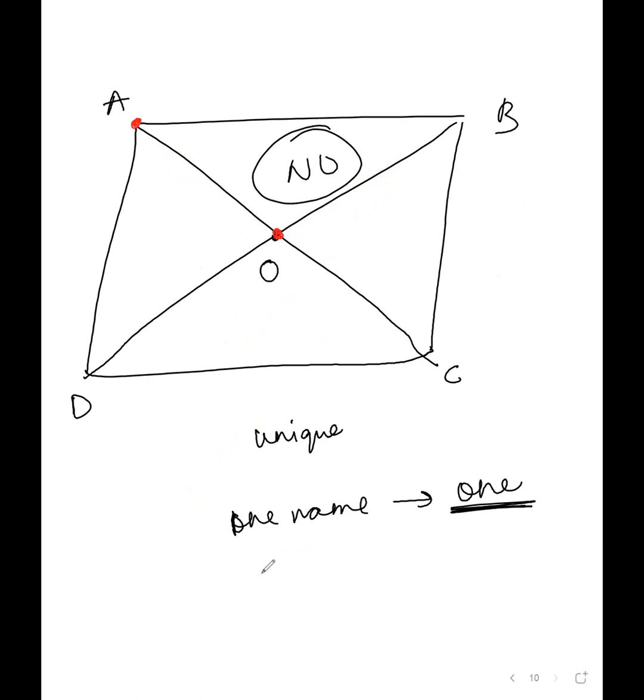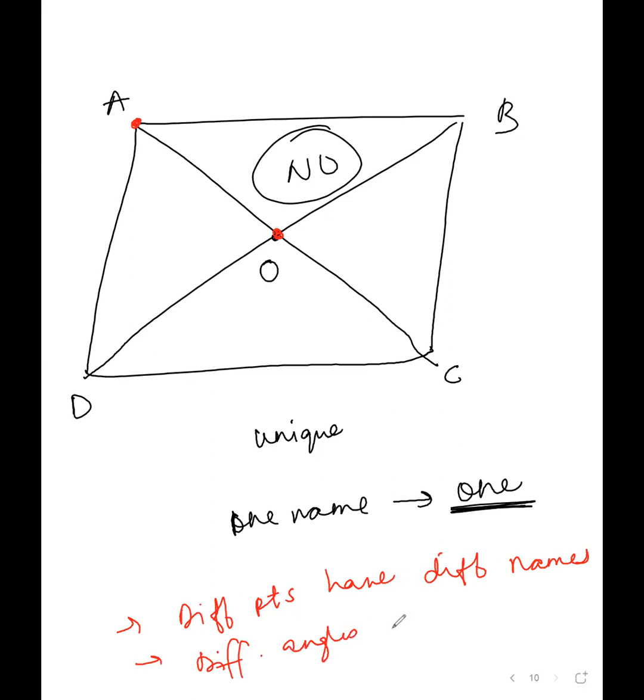That's why they have different names. Different points have different names. Similarly, different angles should have same name or different names? Different names. You cannot name 2 things with the same name.